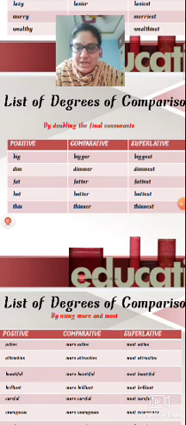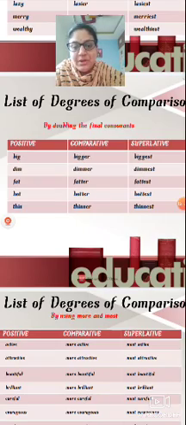And thin, thinner, thinnest: we end with N, and N also comes under the consonant alphabet. So here, doubling the consonant, we form the comparative and also the superlative. Don't be confused: it is doubling the consonants.